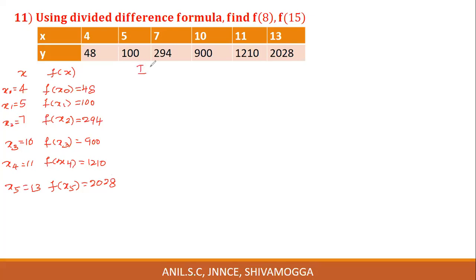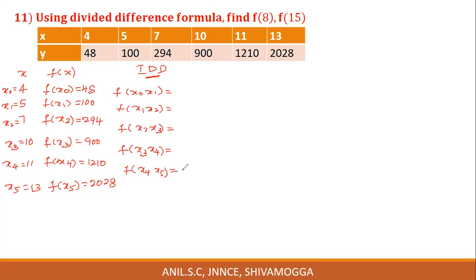First order divided differences. They are denoted by f of x0, x1, f of x1, x2, f of x2, x3, f of x3, x4, f of x4, x5.